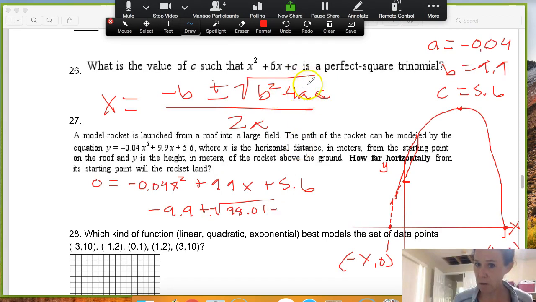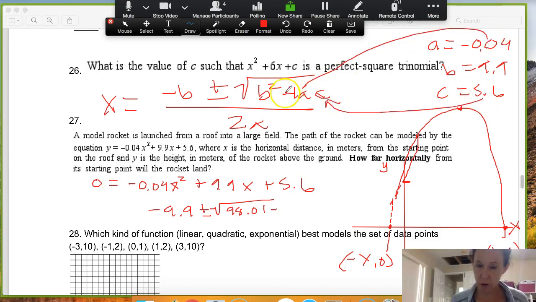So negative 4 times A. So I'm going to go 4 times 0.04 on my calculator. Since they're both negative, that's going to give me positive. So I'm going to plug this in here and this in here. Okay, so I go negative 4 times negative 0.04 times 5.6.